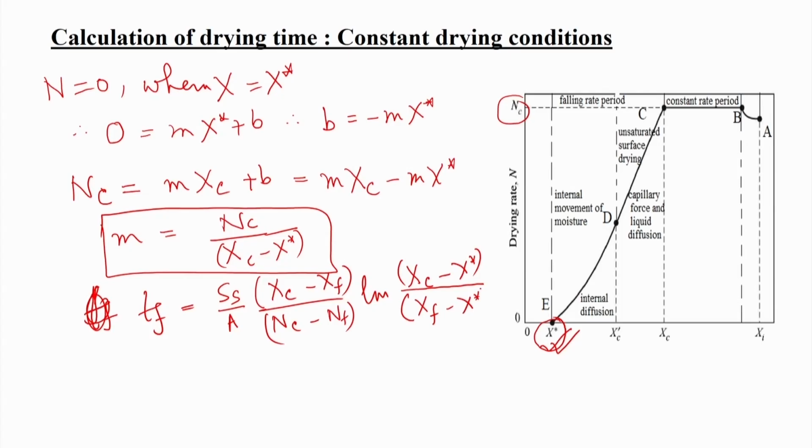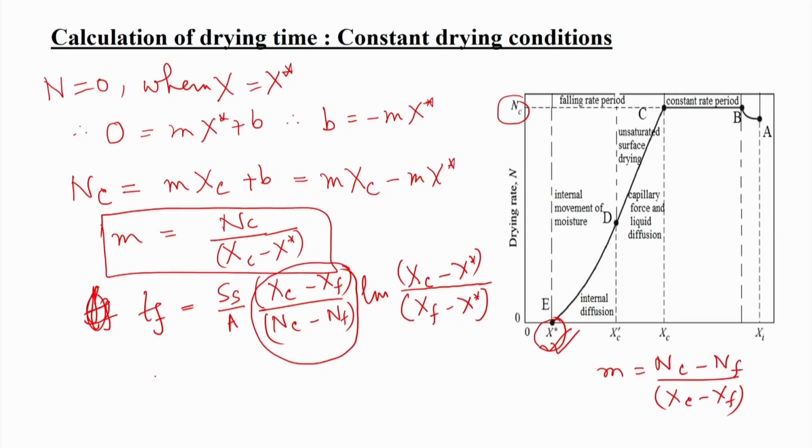Okay. Here we put (x_c minus x_f) by n_c, and since m is equal to (n_c minus n_f) by (x_c minus x_f), we will be putting 1 by m in its place.